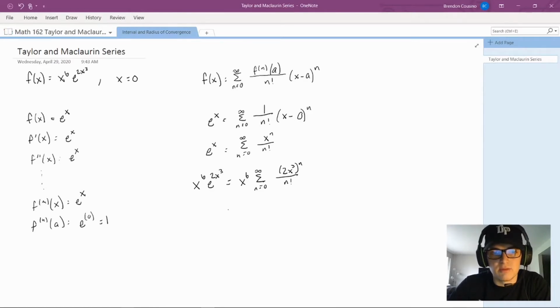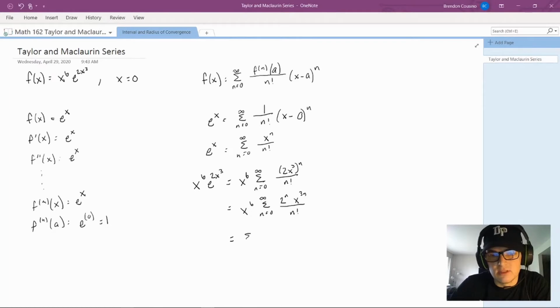Now we just want to simplify this. So we have x to the 6th times the summation of n is equal to 0 to infinity, and here we're going to have 2 to the n and then x to the 3n over n factorial. Then we can bring that x to the 6th inside of our series.